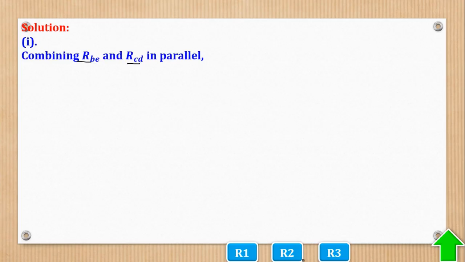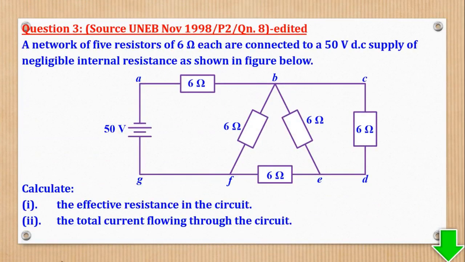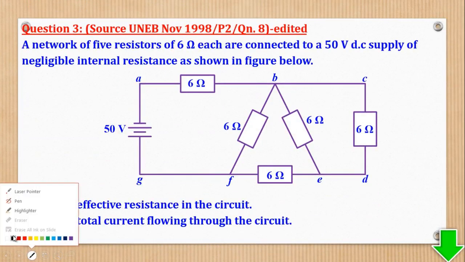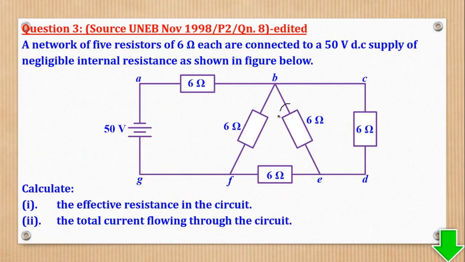Now, what is RBE and RCD? RBE is this one, because this is B and this is E, and RCD is this one. So when you hear me say RCD, it means this resistor, and RBE, it means this resistor. So I'm going to combine those two.